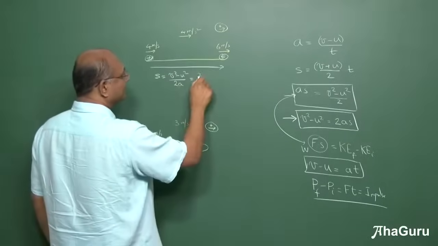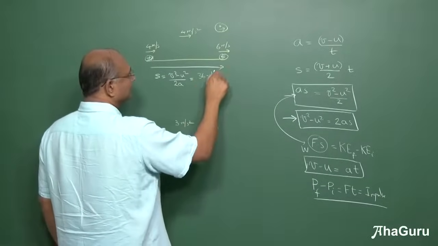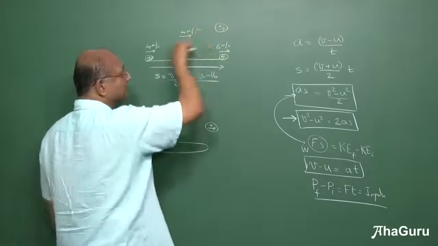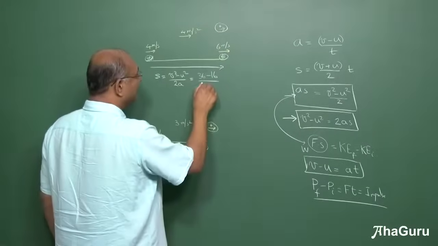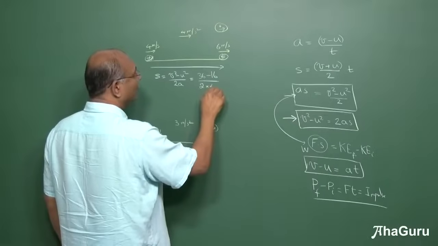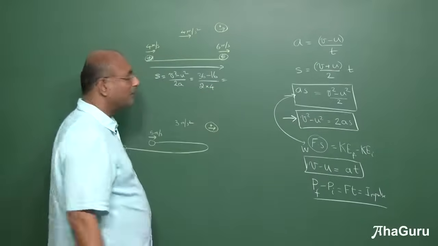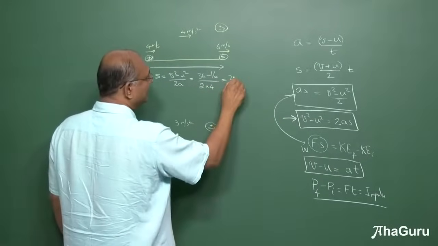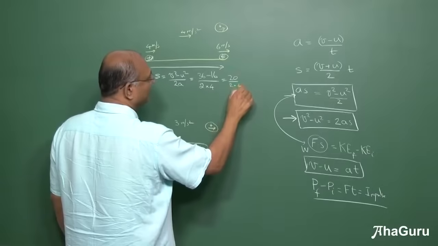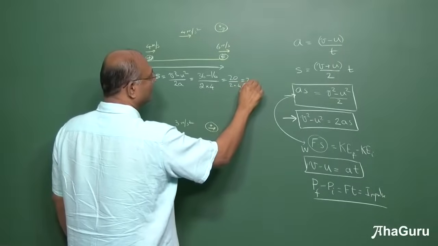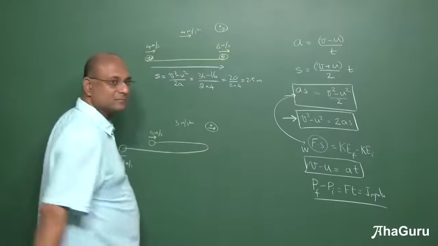V square 36, u square 16. Everything is in the positive direction, no big deal. Divided by 2 times 4. How much is this? 20 by 2 into 4. So that is 5 by 2, 2.5 meters.